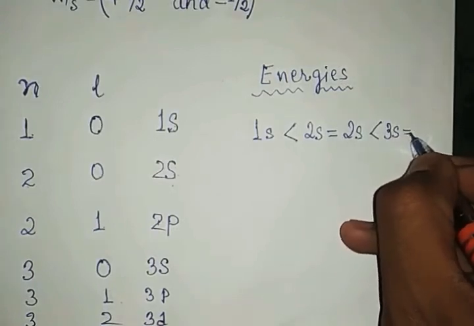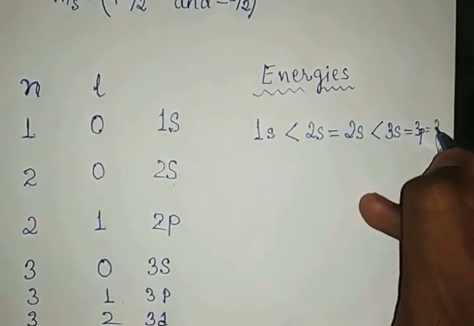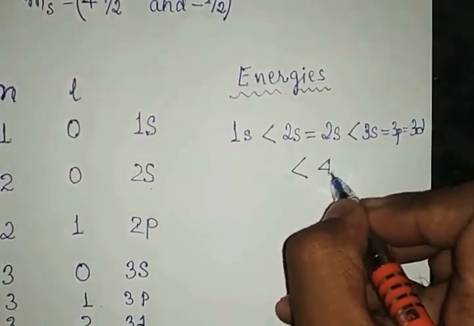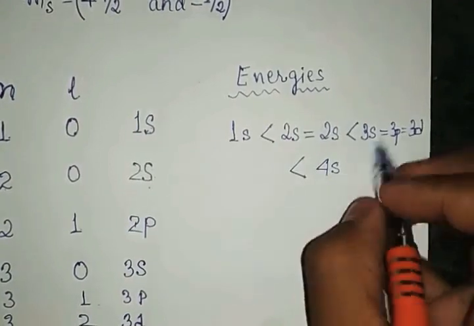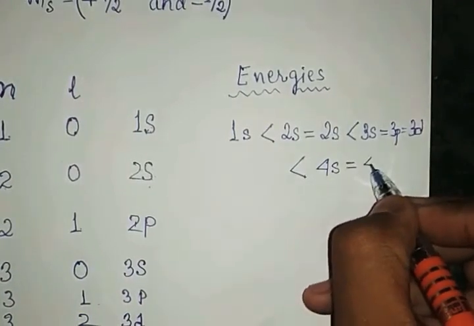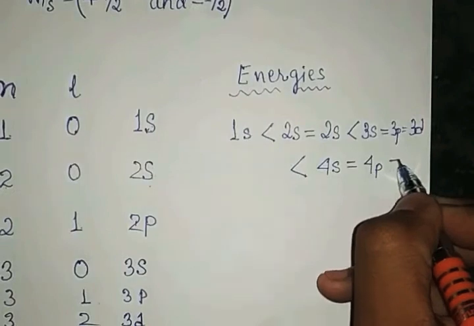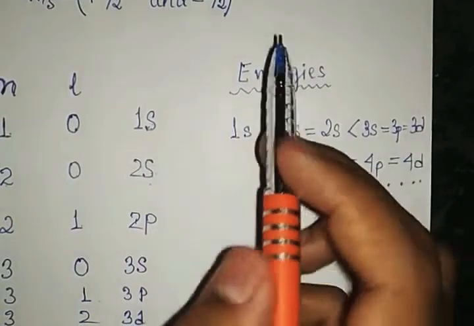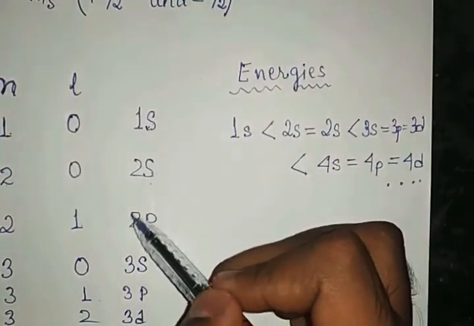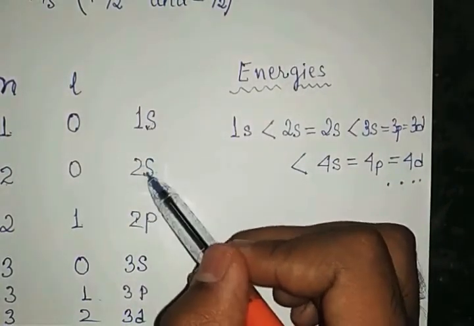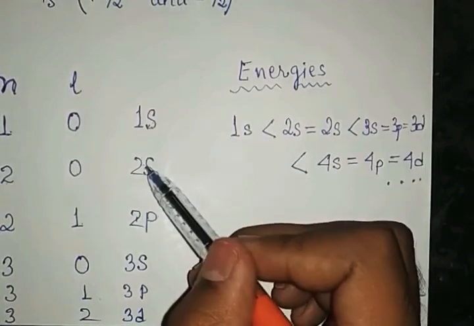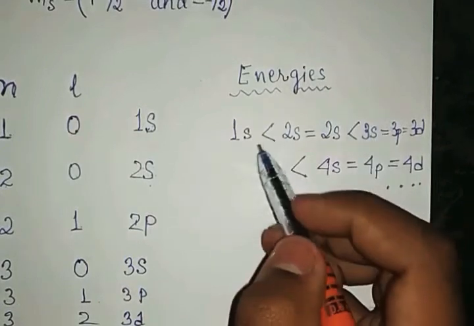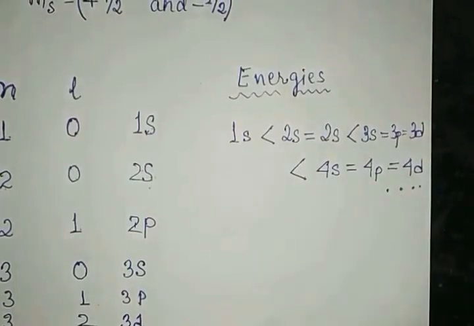Again, 3s, 3p and 3d are equal in energy. Then this is less than 4s, and 4s is equal to 4p and 4d, and so on. So energy depends on the principal quantum number. Those having the same principal quantum number are equal in energy, and the energy increases in ascending order of these positive integers.